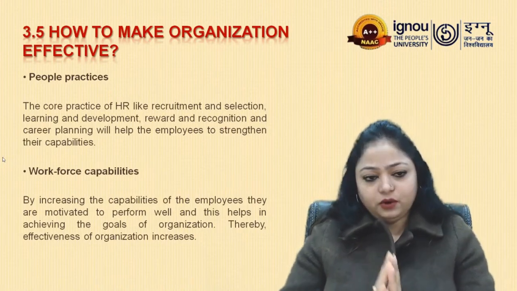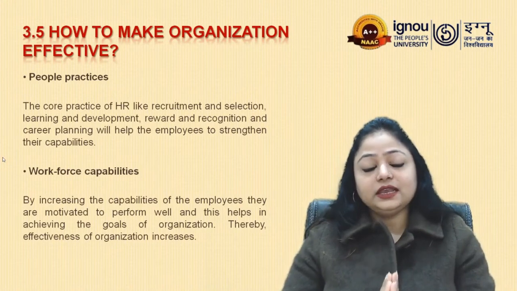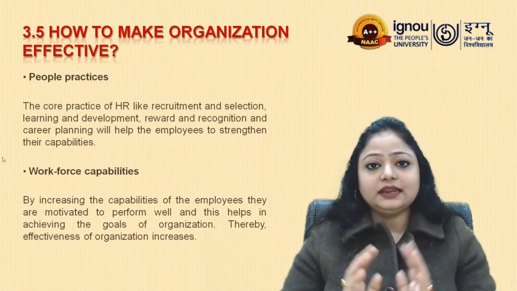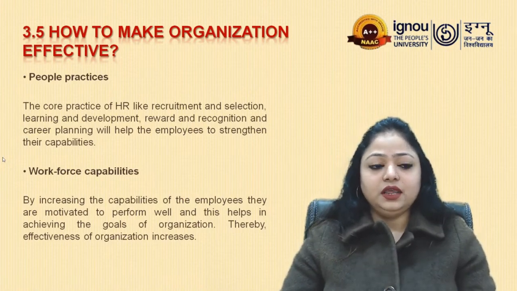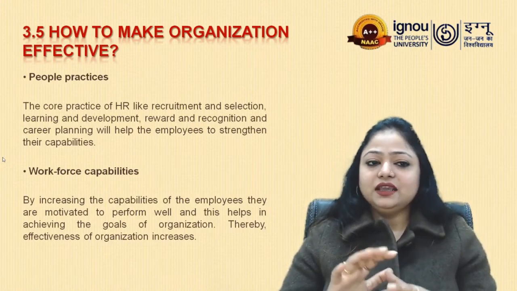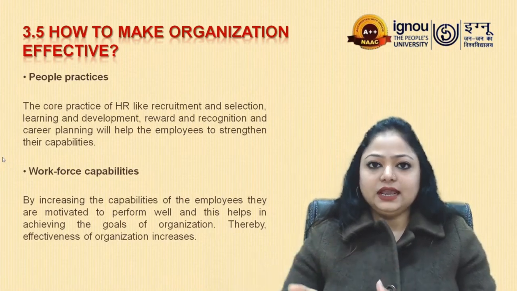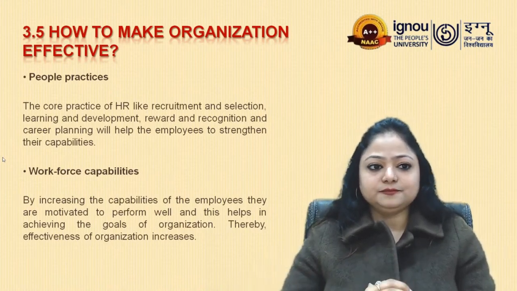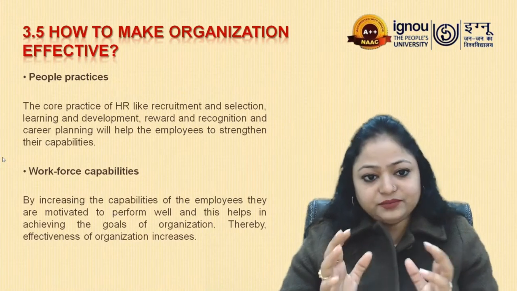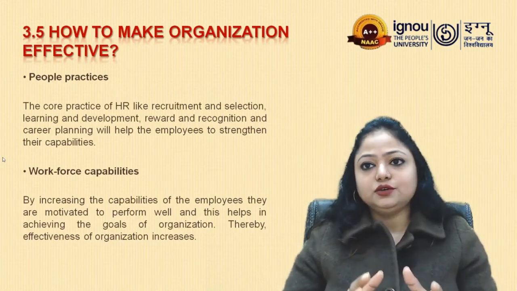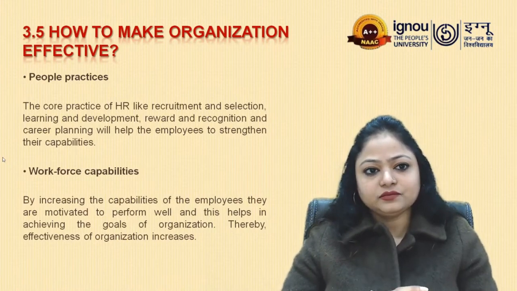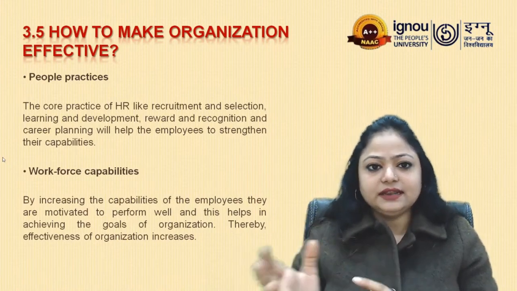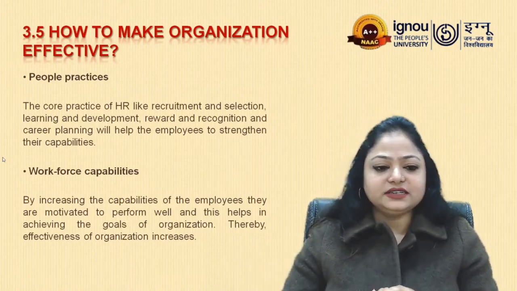So, if the employees are taken care of and their competencies and capabilities are enhanced and focused upon, then it could lead the organization towards effectiveness. So people practices, which means the practices or functions related to taking care of the employees of the organization, can lead organizations to effectiveness.